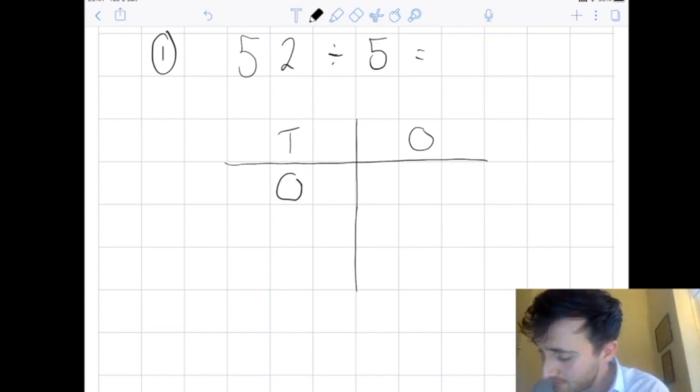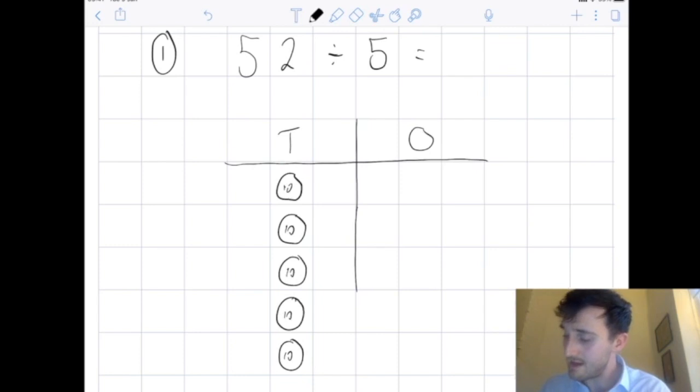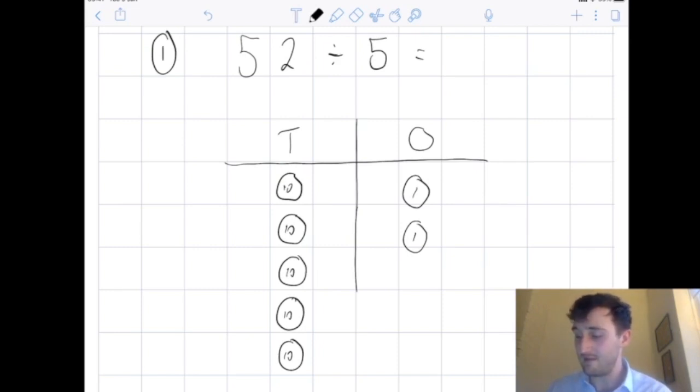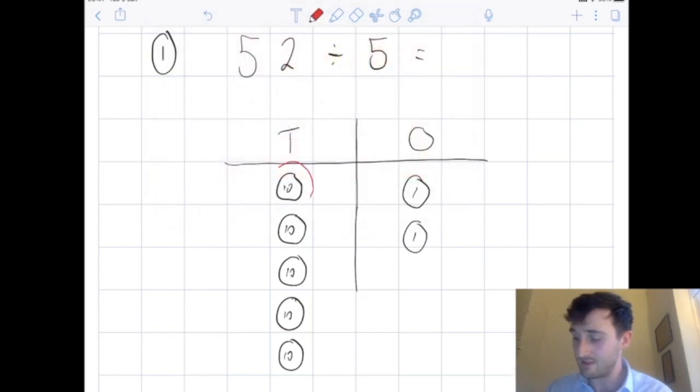I'm going to put 1, 2, 3, 4, 5, all being 10s. Next, I've got 2 1s. So I'm looking for my groups of 5. Well, my 10s, they are already a group of 5 over here, so I can just straight away circle that.